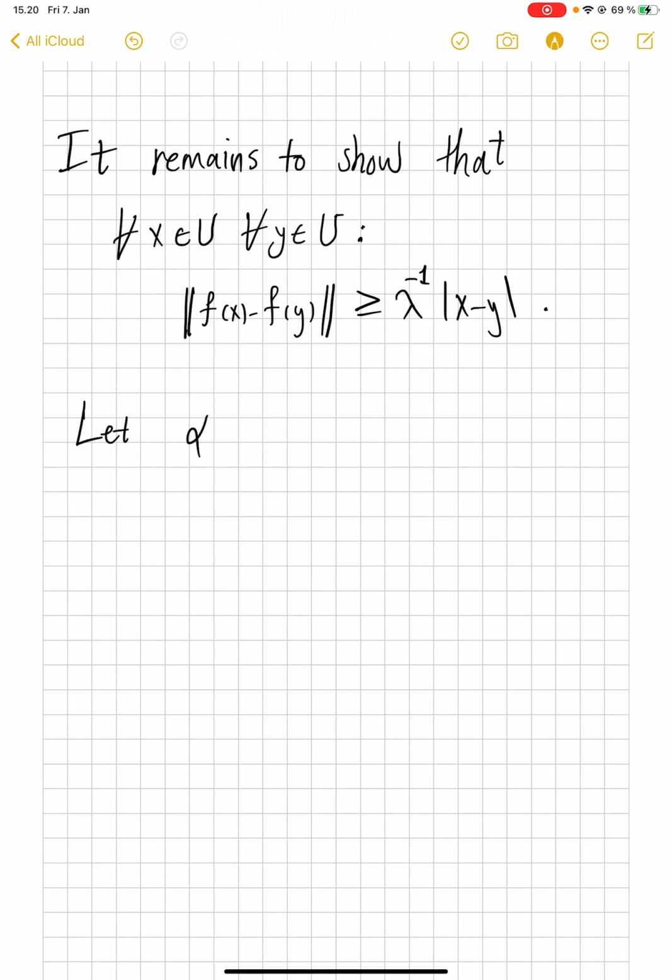So let alpha be f of y minus f of x. That's a vector in Rm. And beta to be the derivative of f at 0 applied to y minus x, which we know is just y minus x comma 0. But we want to keep it in this form intentionally.